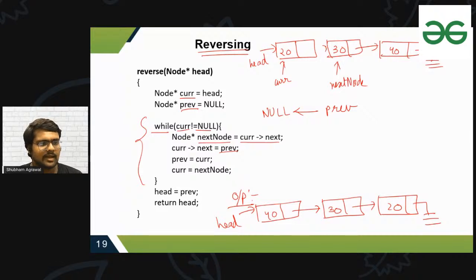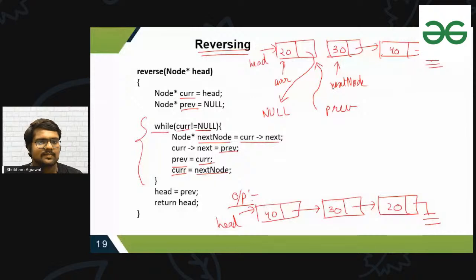Now previous is equal to current, so previous will point to this node. Previous is not pointing to null now. And current is equal to current of next, that is, current is equal to the next node, which is pointing to this. So current will point to this.